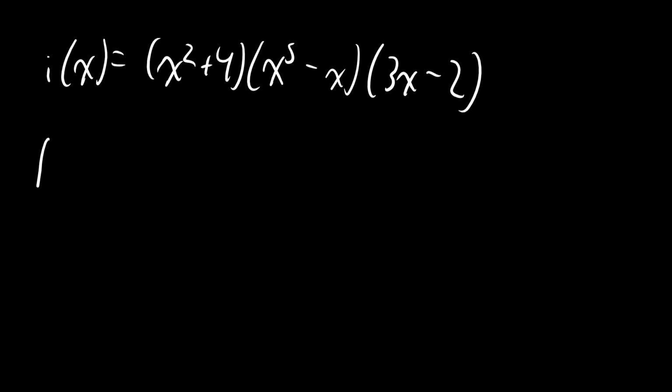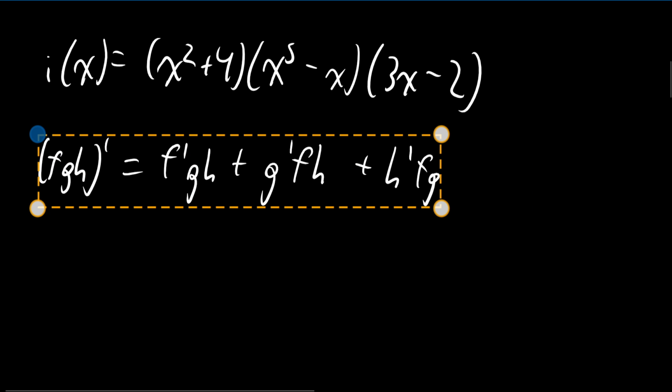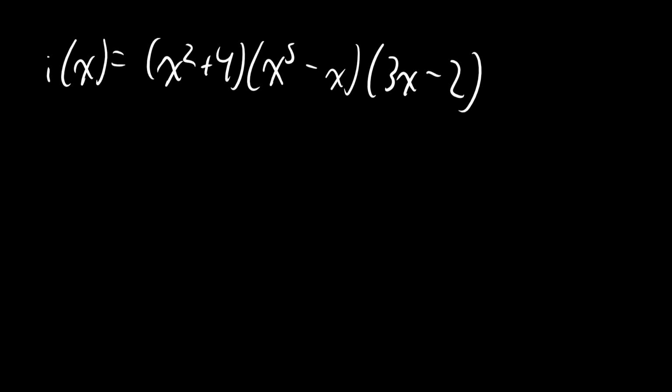So when we have f times g times h, the derivative of that is the derivative of f, this first one, multiplied by the other two, and then the derivative of g multiplied by the other two, and then the derivative of h multiplied by the other two. So that would be the form for three, and you could do the same sort of thing with a function with four parts.